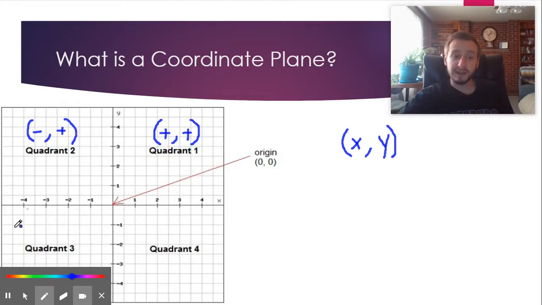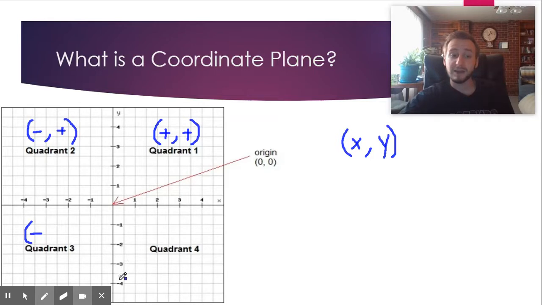In quadrant 3, down here, your x values are still negative, but your y values are also negative. So quadrant 3 is the opposite of quadrant 1, because positive, positive, negative, negative. And if you look at quadrant 4, your x values will always be positive, and your y values will always be negative. And if you look, quadrant 2 and quadrant 4 are opposites. All right.